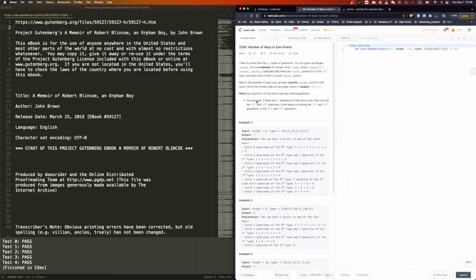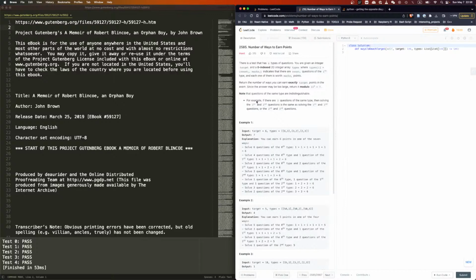For example, if there are 3 questions of the same type, then solving the first and second question is the same as solving the first and third question, or the second and third question. What does this mean? It's the same way. So you don't distinguish between them, so it actually makes things a little bit easier. So you can earn 6 points in one of the 7 ways.